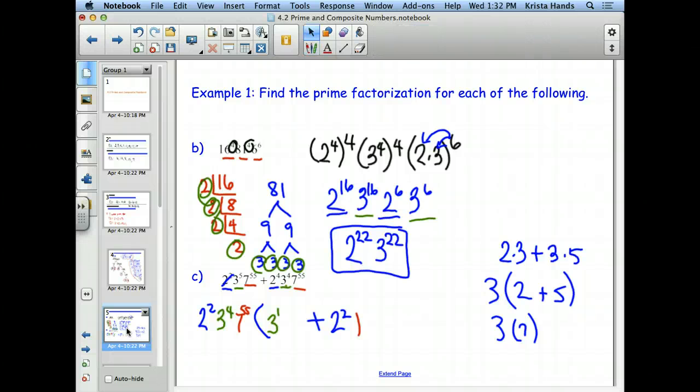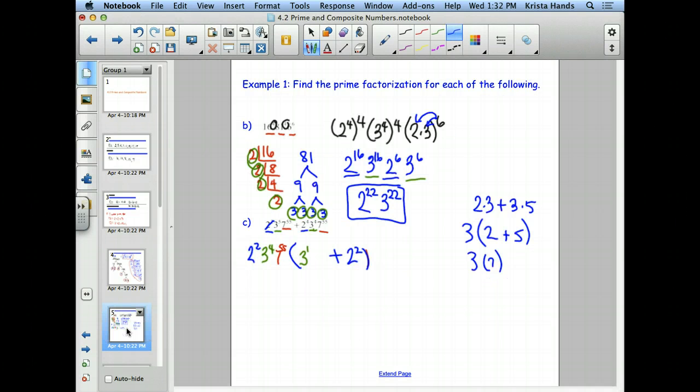All right. So let's take a look then at what we've got. These are already in factored form. This is 2 squared, 3 to the 4th, 7 to the 55th. This is the number 3. This is the number 2 squared, which is 4. 3 plus 4 is 7.